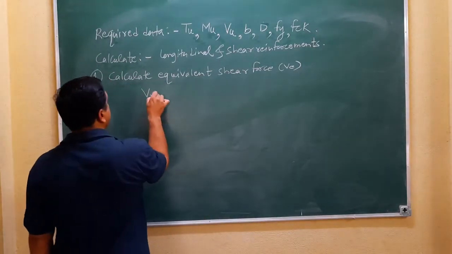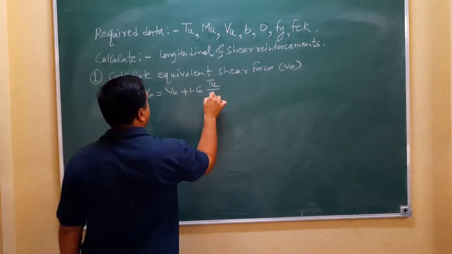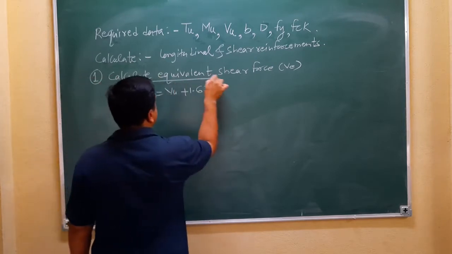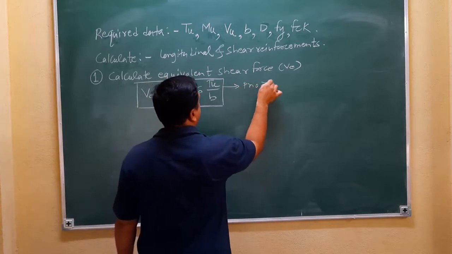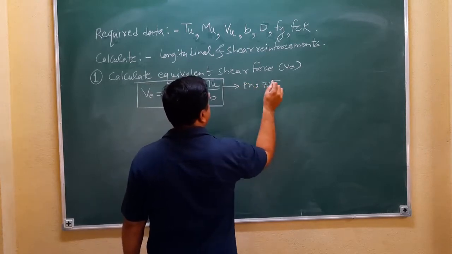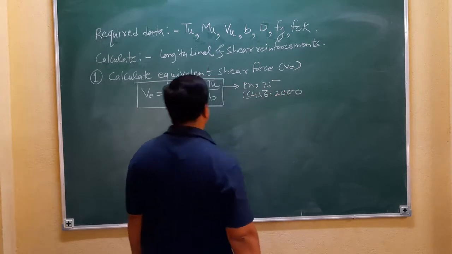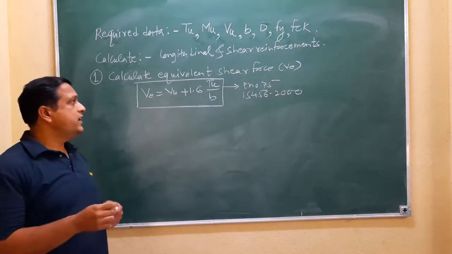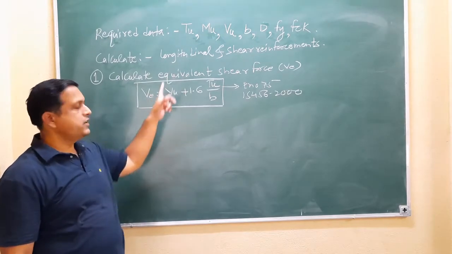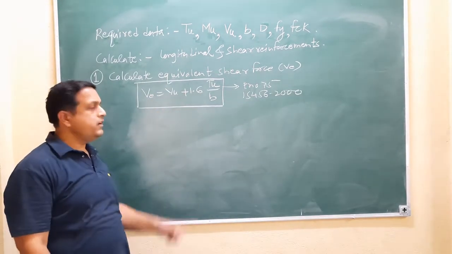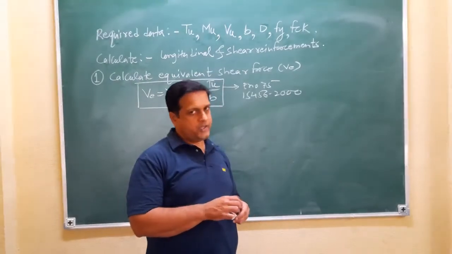You know the formula: VE is equal to VU plus 1.6 TU upon B. This formula is available on page number 75 of IS 456 2000. V is the ultimate shear force, T is the ultimate torsional moment, and B is the width of the beam. Find out the equivalent shear force in step number 1.